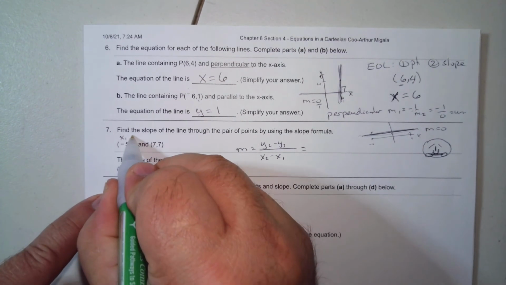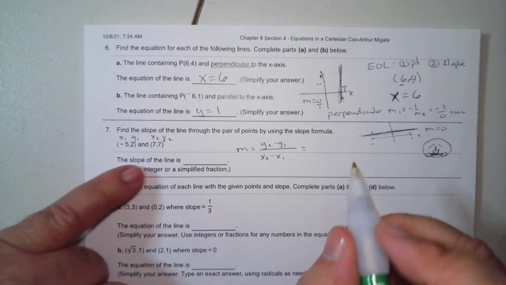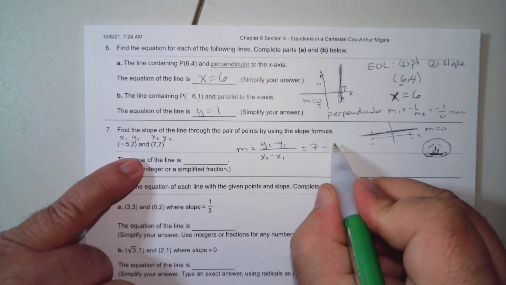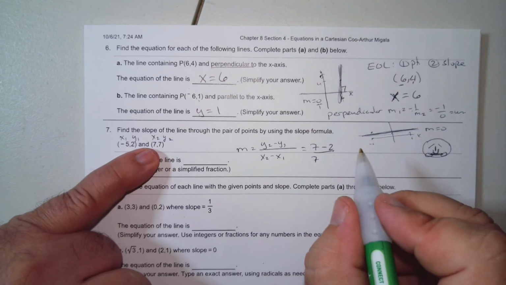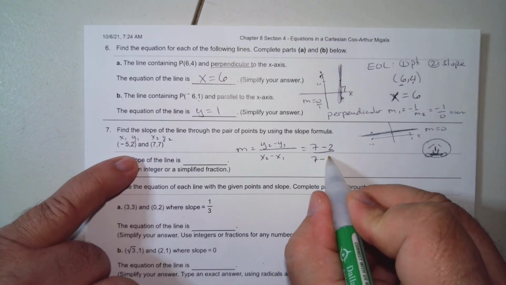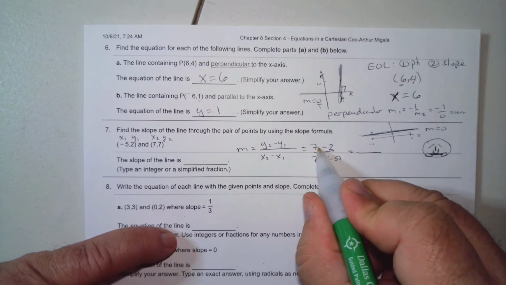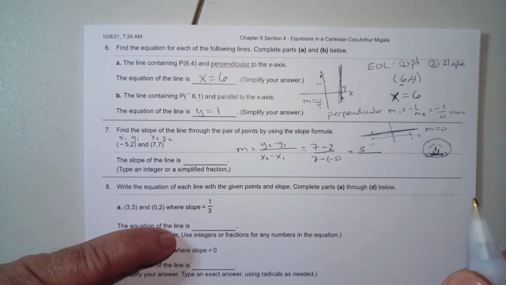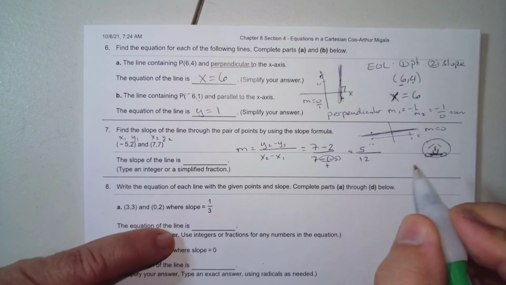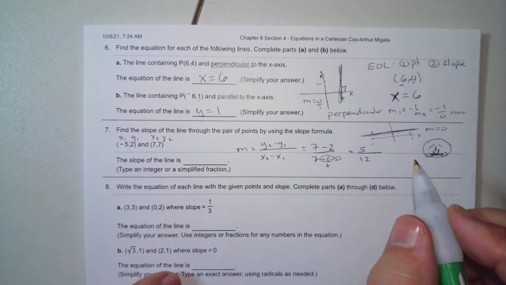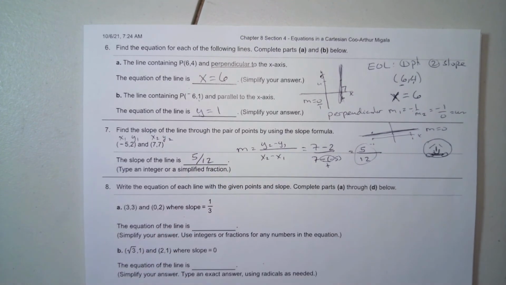So it's x1, y1, x2, y2. y2 is 7, y1 is 2, x2 is 7, minus negative 5. 7 minus 2 is 5. The negative and negative makes it a positive, 7 plus 5 is 12. So it's 5/12.